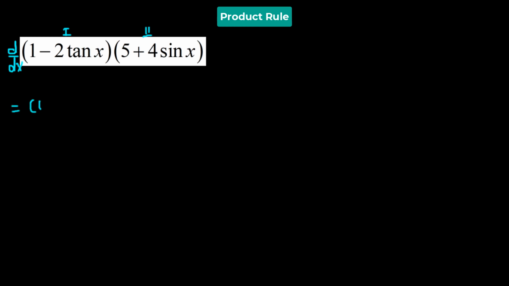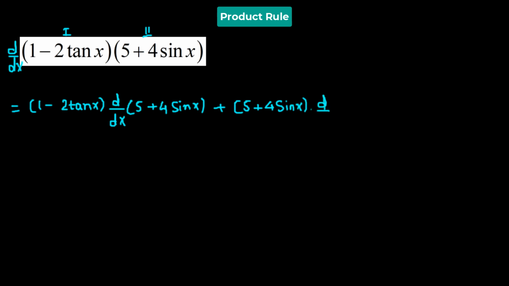So we have the first function, which is 1 minus 2 tan x, multiplied to the derivative of the second function, that is 5 plus 4 sine x, plus the second function, which is 5 plus 4 sine x, multiplied to the derivative of 1 minus 2 tan x.